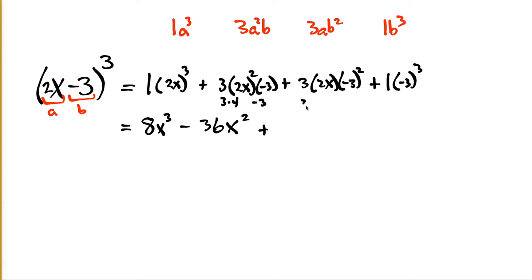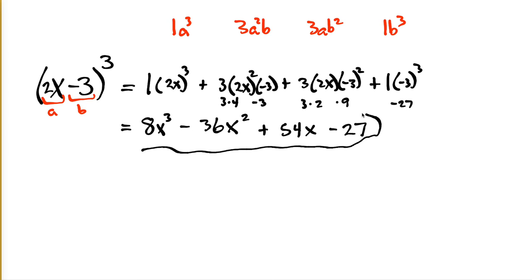So I've got a 3, I've got a 2, and I've got a 9. So 54, and it's going to be positive because that negative 3 was squared. And then I've just got a single x. And then I've got a negative 27, negative 3 cubed. Why was it 36x squared and 54x?